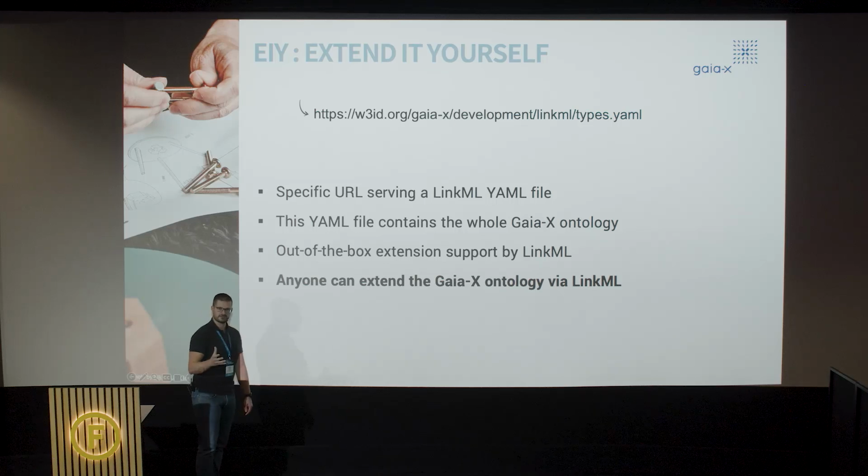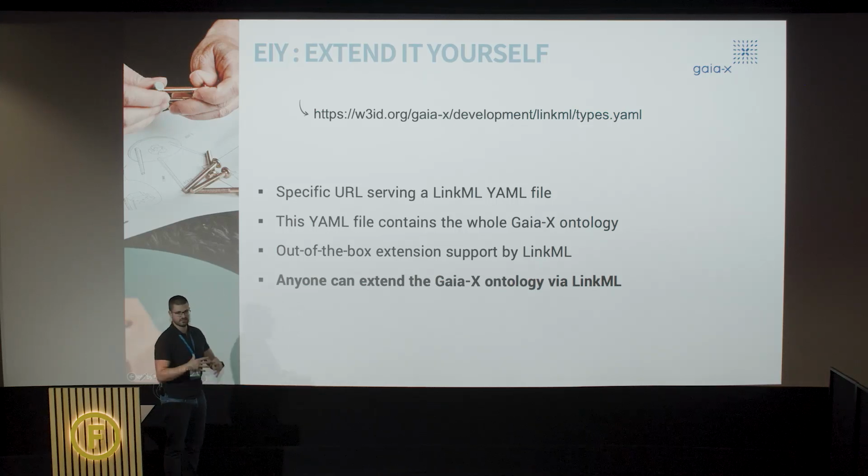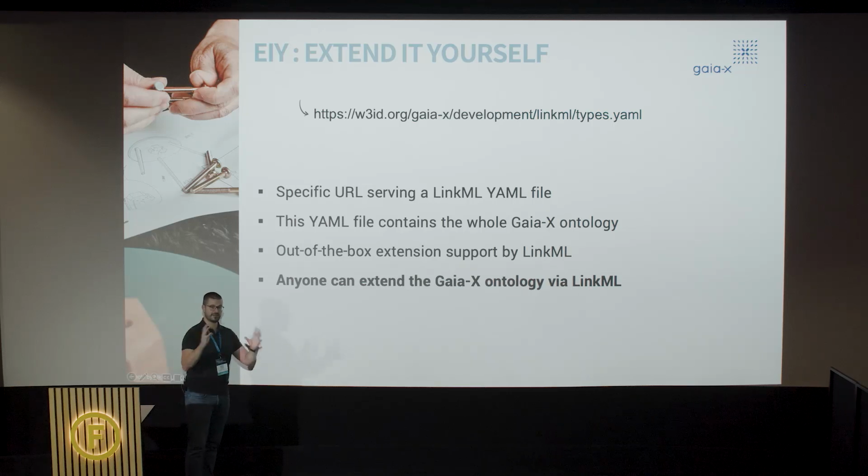LinkML out of the box supports extension mechanisms, so you can import other ontologies. That's why we use this format of URL, because we don't have too much space. They said it has to be like that in the documentation. This will give you a YAML file with the whole Gaia-X ontology in it in LinkML format.